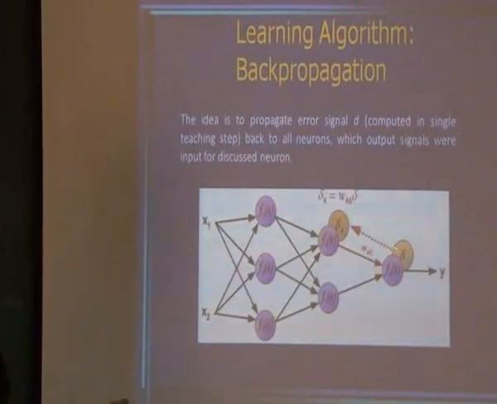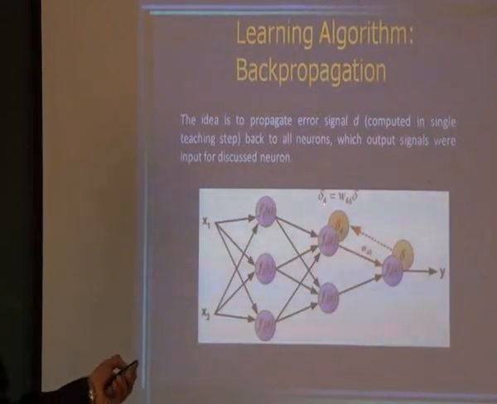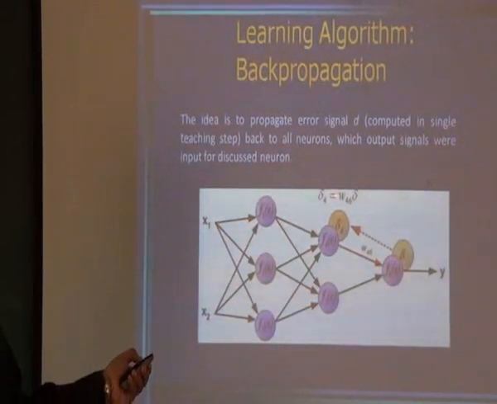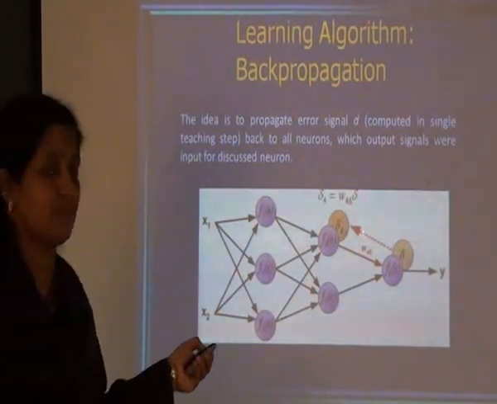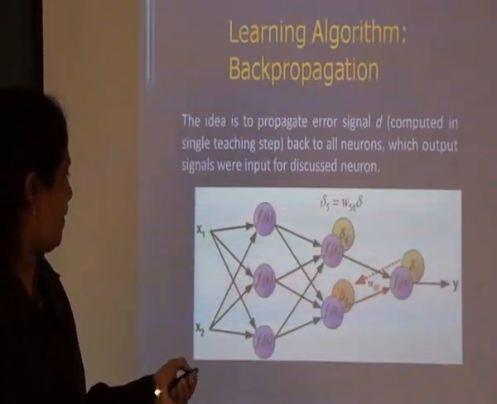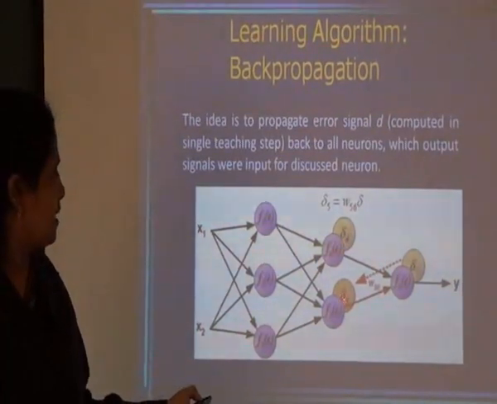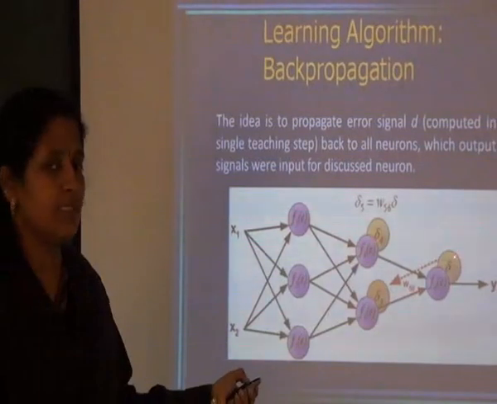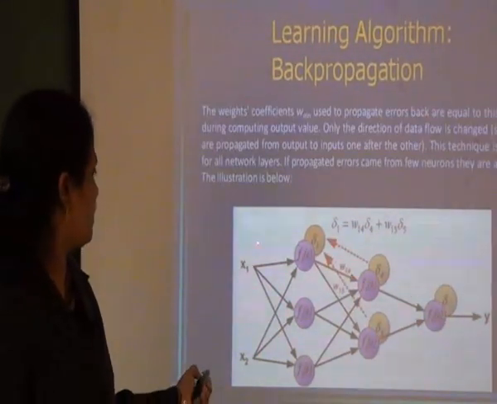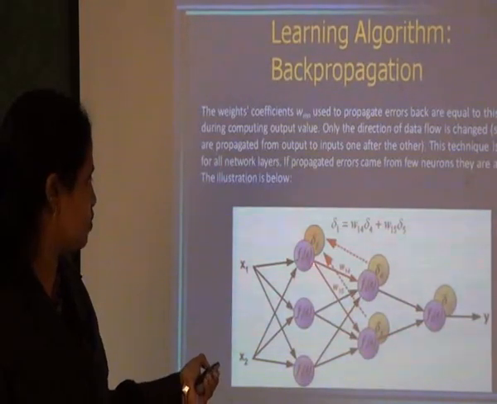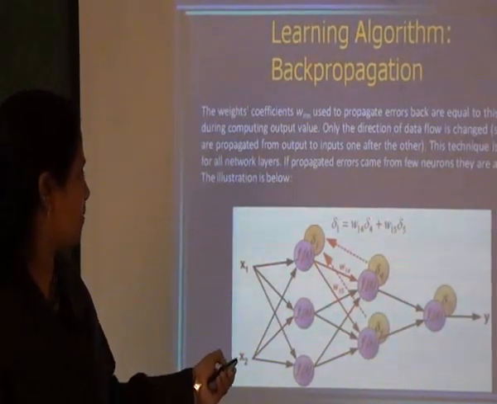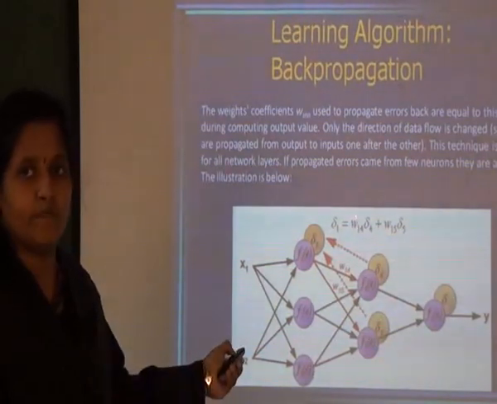Look at this, here the error is delta, and this is propagated to the previous layer, y4. Here delta 4 equal to w46 into the error amount we got. The same way, delta 5 equal to w56 into delta, and delta 1 equal to, from the previous layer, w14 into delta 4 plus w15 into delta 5.